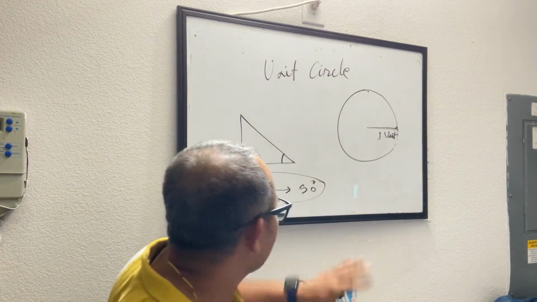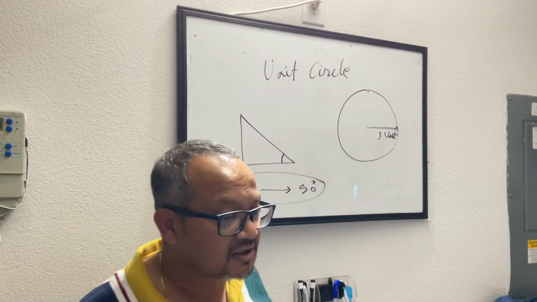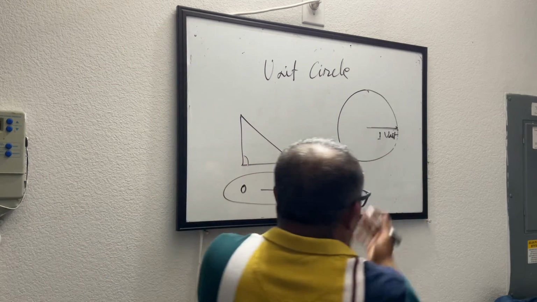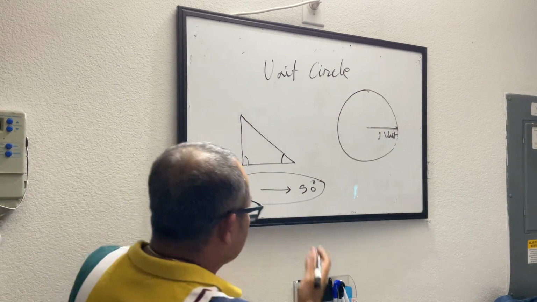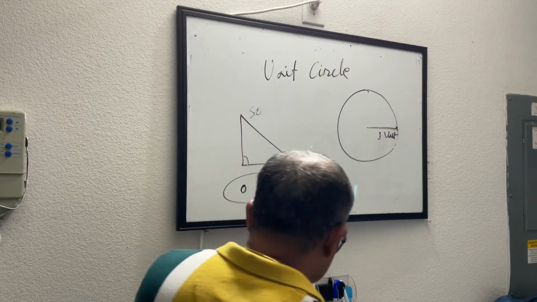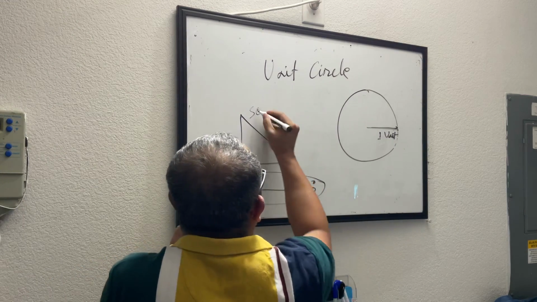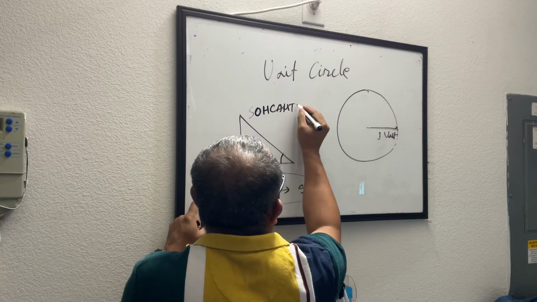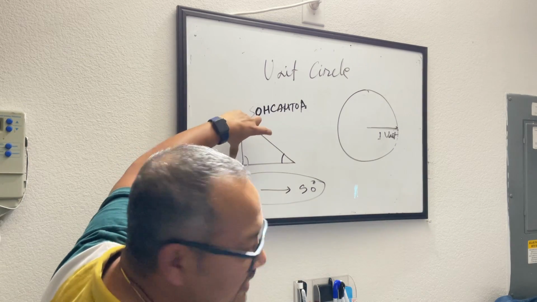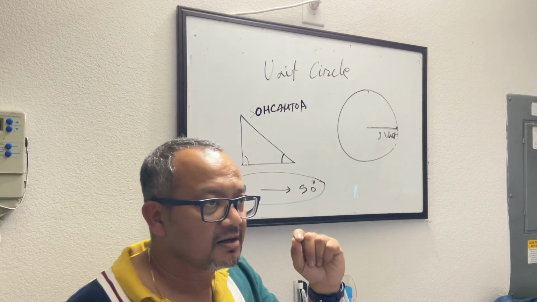Okay, let's come here. So just to give you guys a prelude of why we are even talking about unit circle, if you look at the right angle triangle and the circle side by side, you will see that by applying SOHCAHTOA concepts, you can go up to 90 degree only, because this aligns with the right angle triangle, and we can deal with trig functions only up till the angle goes to 90.